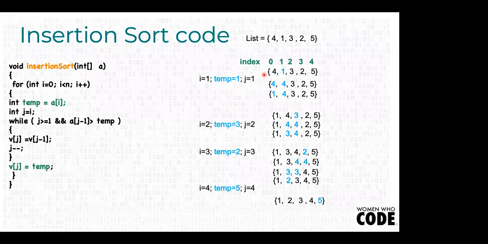And what we're doing here is assigning the value of a of j minus 1 to a of j.